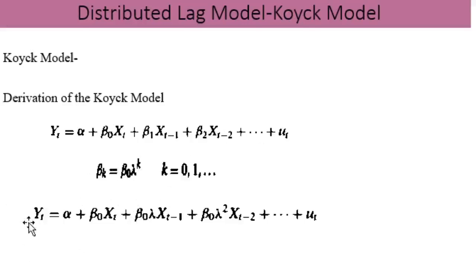Then we will get yt equal to alpha plus beta 0 xt. Then this beta 1 will turn into beta 0 lambda raised to 1, that is written here, beta 0 lambda xt minus 1. Then beta 2 can be written as beta 0 lambda raised to 2, here the k is 2, that is beta 0 lambda squared xt minus 2 plus ut.